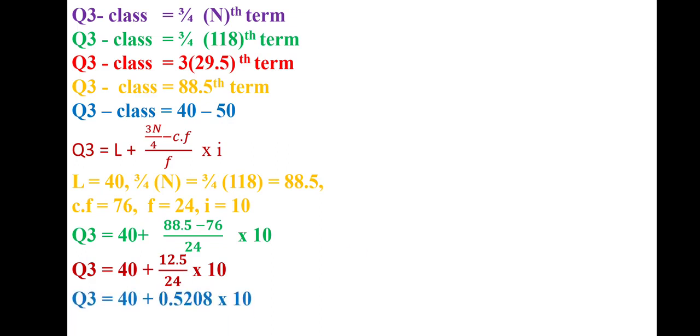12.5 divided by 24, you will get 0.5208 into 10, will get 5.208, so 45.208. So Q3 value is 45.208.